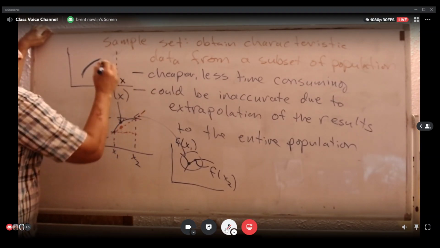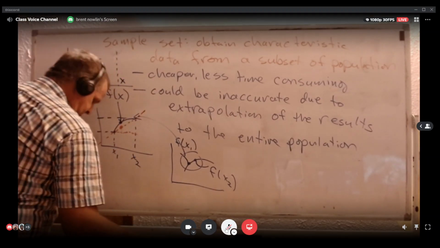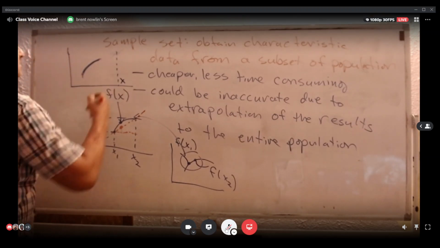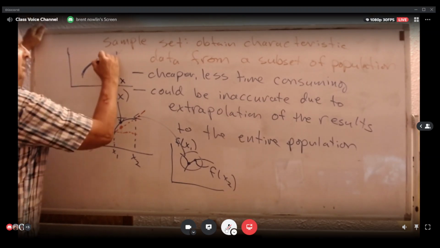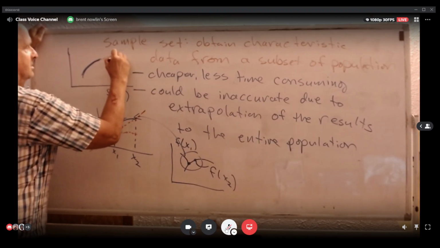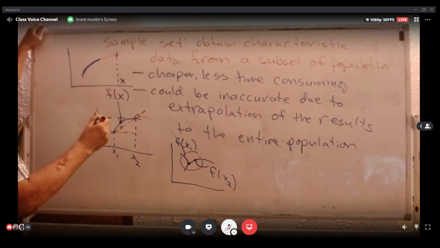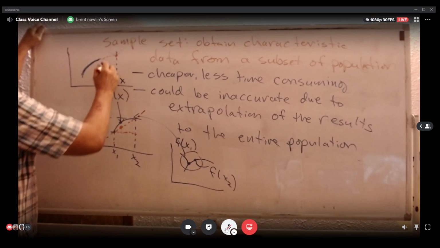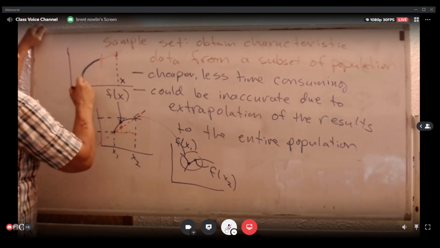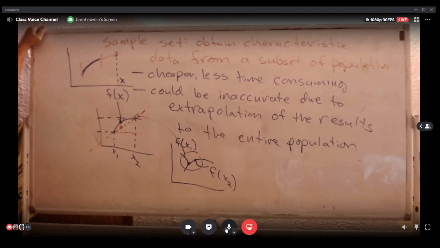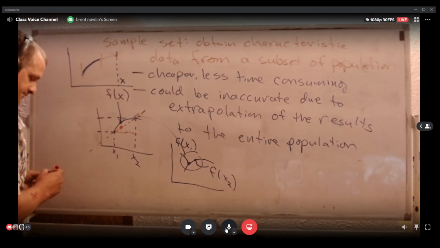Okay, so what we do is we extrapolate the known values, the known trends, and we pretend that they hold for values that are outside of any data points that we have. Which do you think is more accurate, guys?